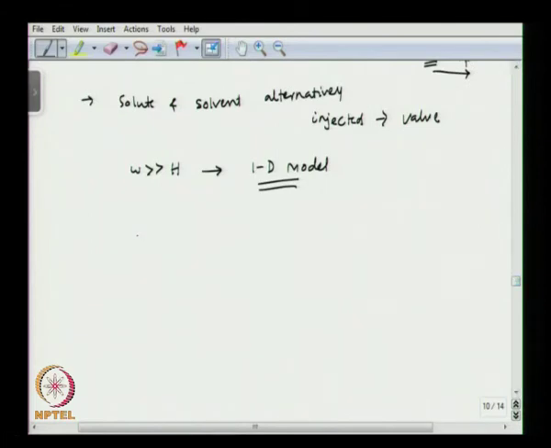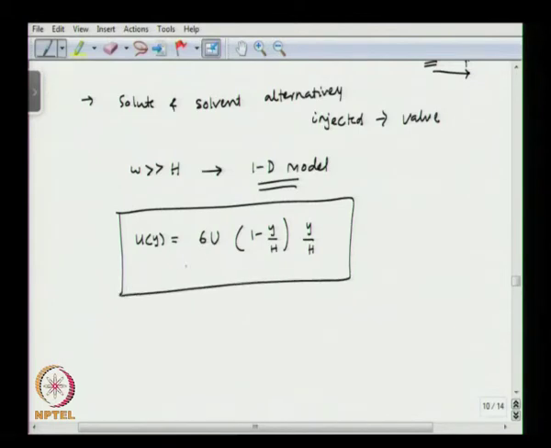For flow between infinitely long parallel plates, u(y) will be 6 u into (1 minus y over h) into y over h, where u is the mean velocity, y is along the channel width and h is the channel width.